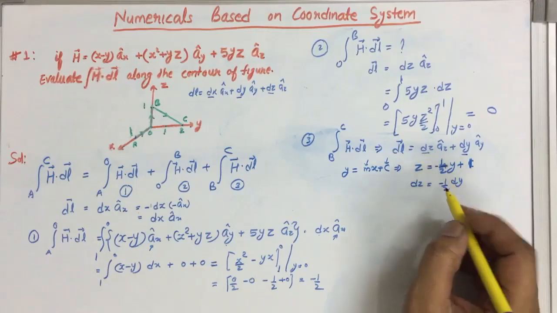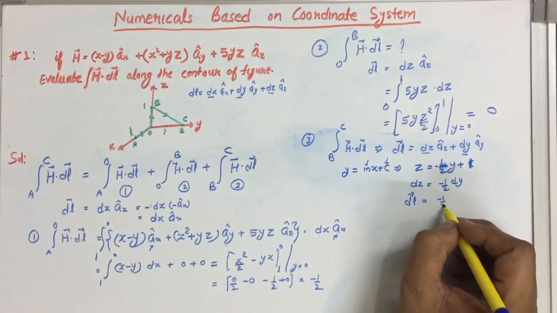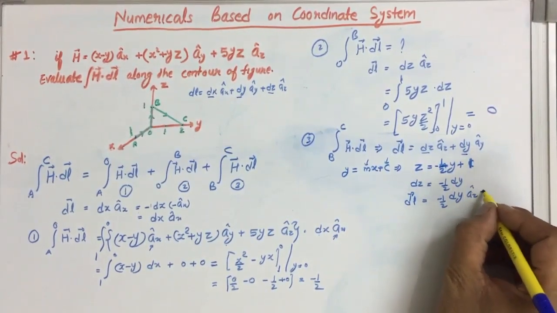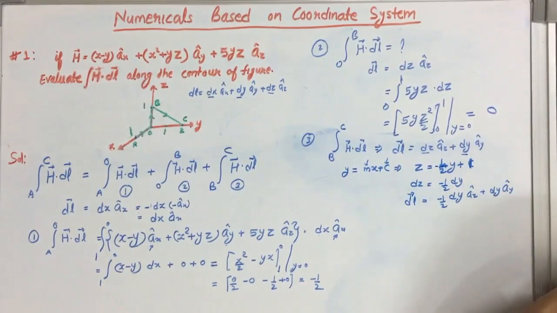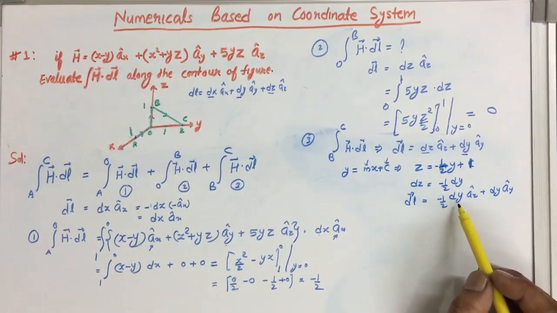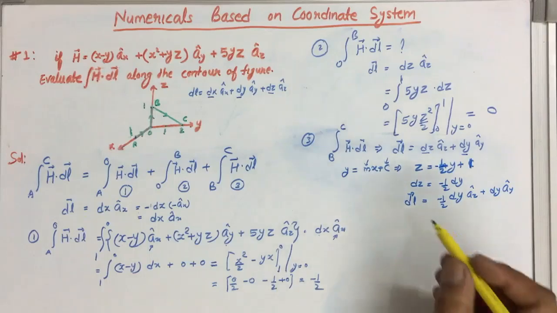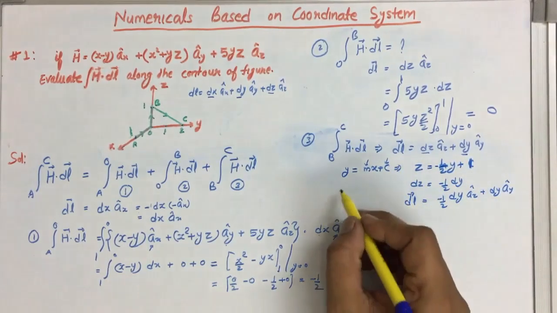So we will put it here: dl will be minus half dy az plus dy ay. Why we are doing this? At the end I will explain why we are doing this. So let us complete now. Multiply with h.